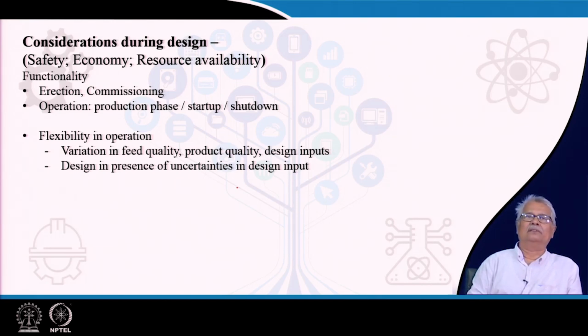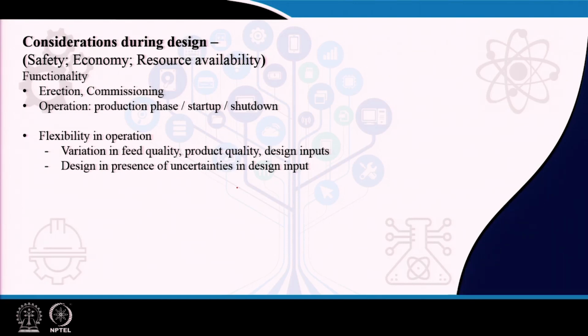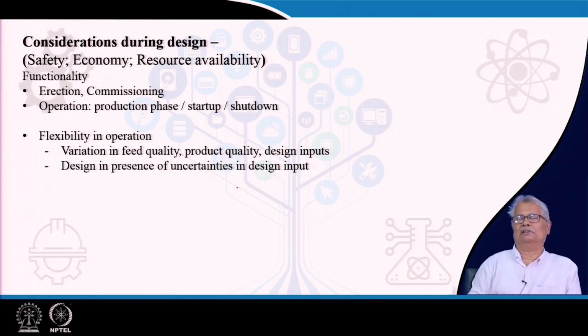Then the basic considerations during the design for the designer are safety, economy, and the resource availability. The functionality that the design has to cater are during erection, commissioning, and the operation, which includes the production phase, startup, and shutdown. There is one more thing which is very important, the flexibility in the operation of the design that is finally realized.